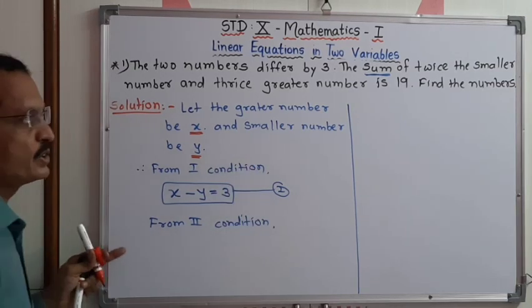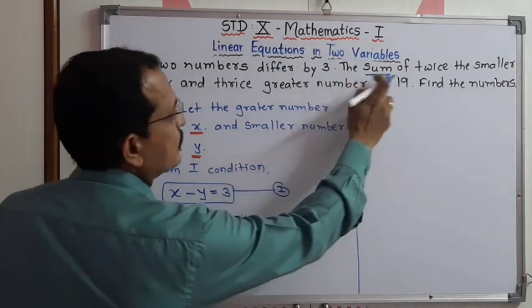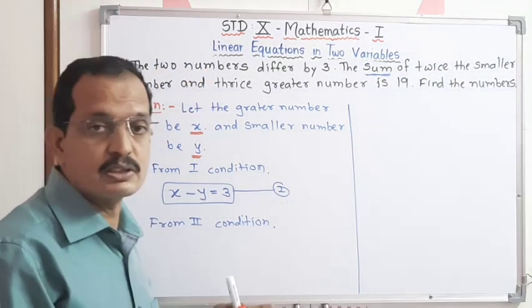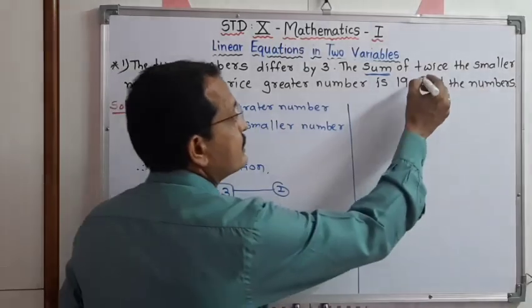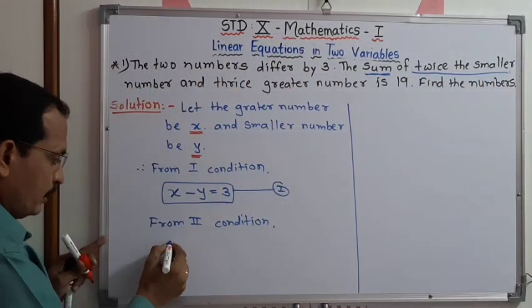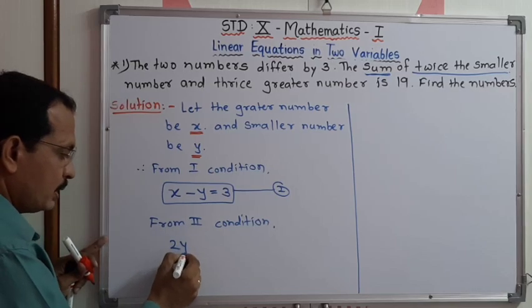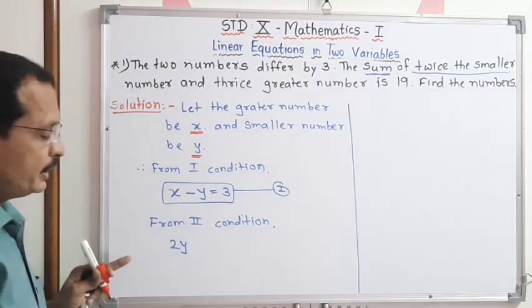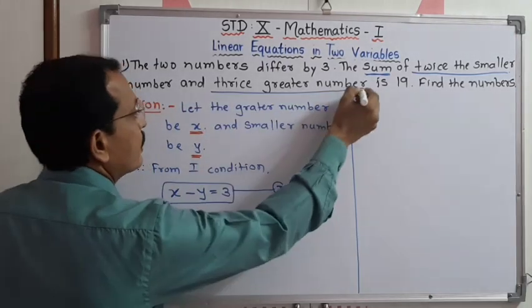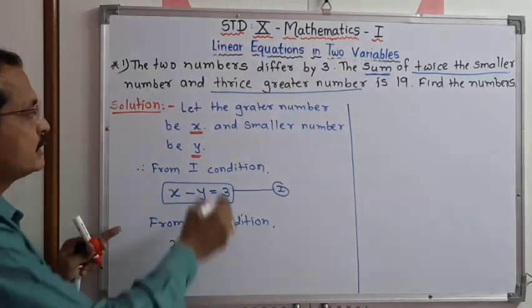Or second information, we can say the sum of twice the smaller number. We have to make the sum, but the sum of what? Twice the smaller number. Smaller number is y. Make the double, that is 2y. In this we have to add what? Thrice the greater number. Greater number is x.